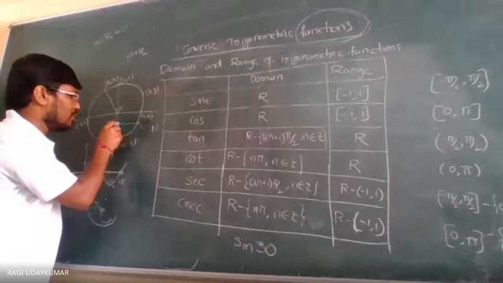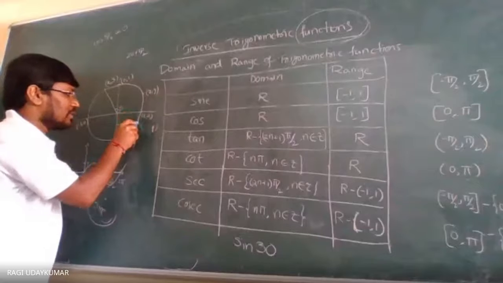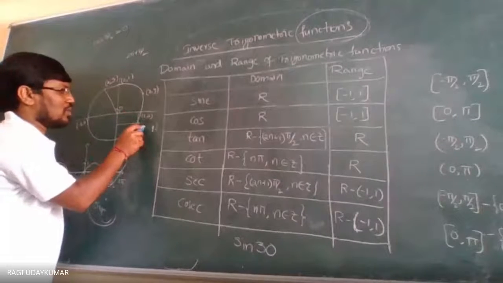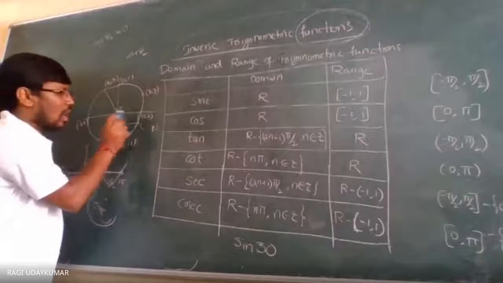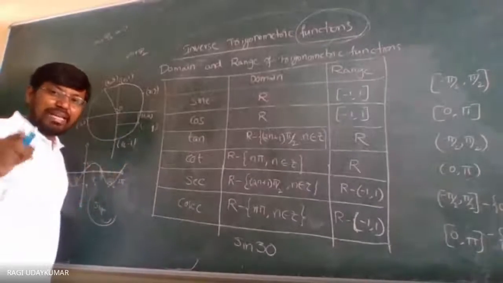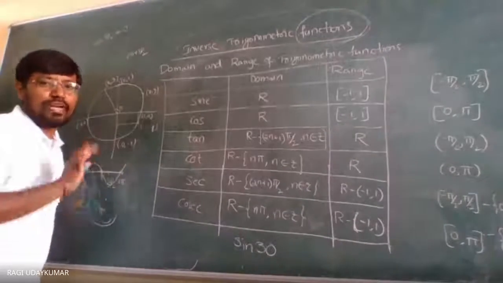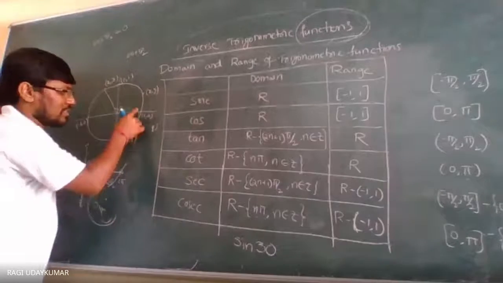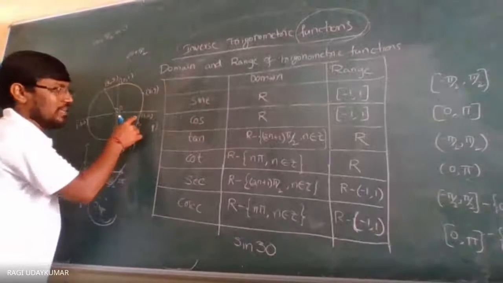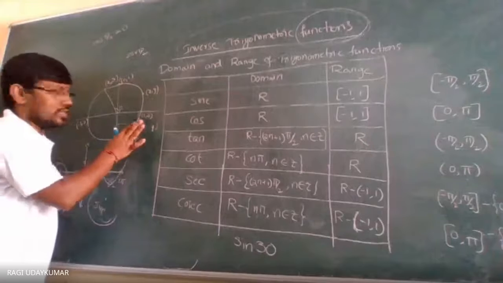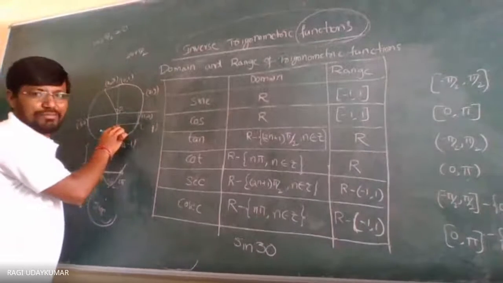Whenever you take it like this, the x coordinate is positive, the y coordinate is negative. Approximately I am saying, and if you type it in a calculator, you will get a value near to that. See, this is 0.9 approximately, and here 0.5.